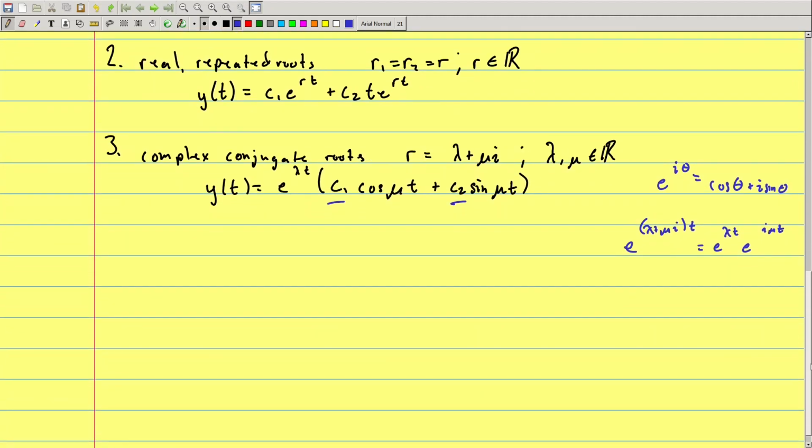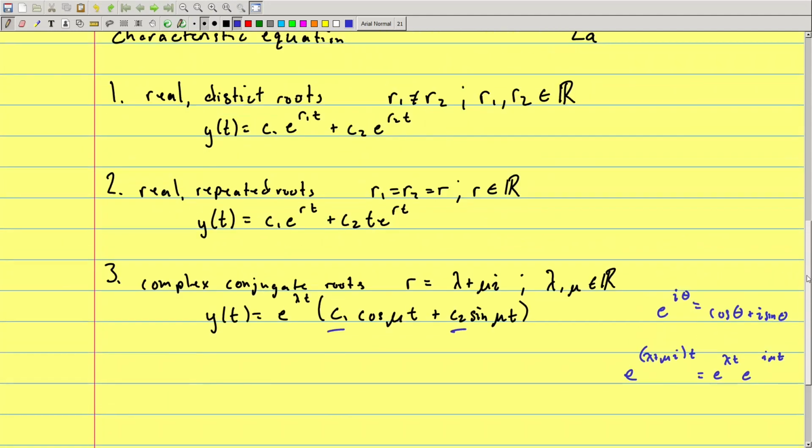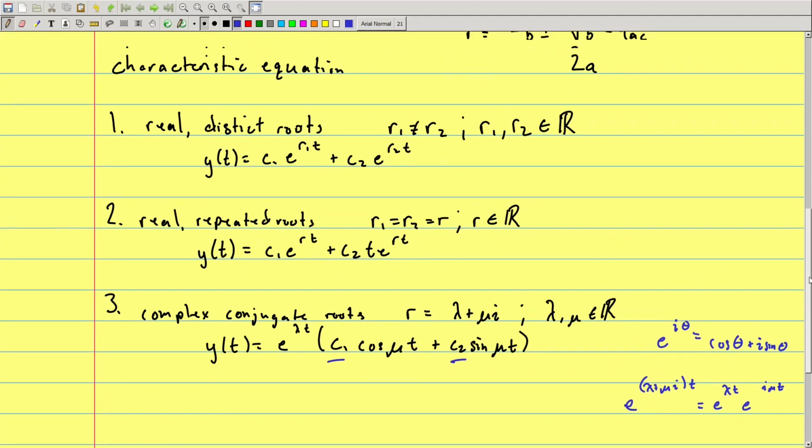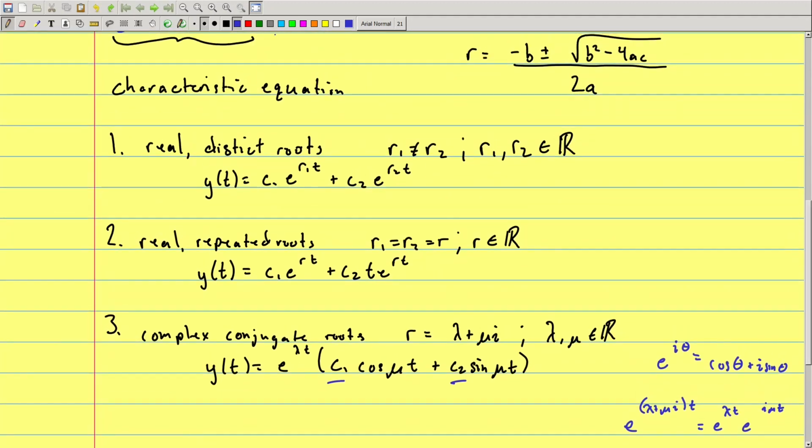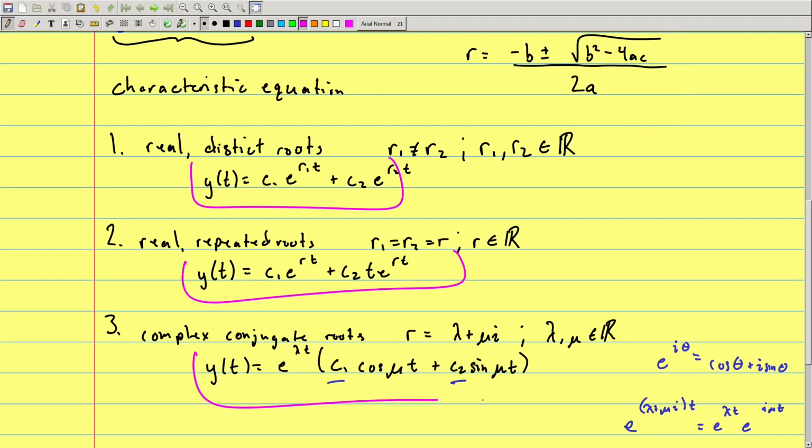Okay, so this is all information that you need to have memorized. You should be able to, in a very small amount of time, come up with the roots of the characteristic equation and just write down one of these answers.